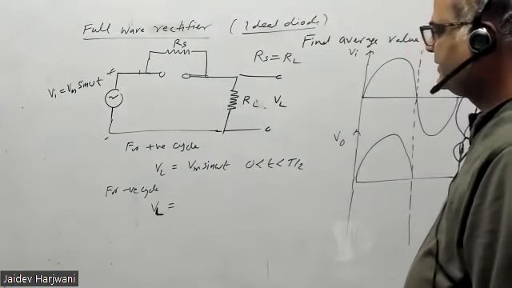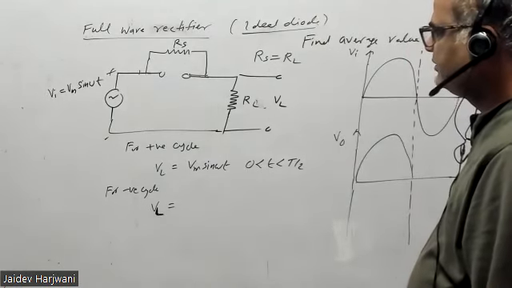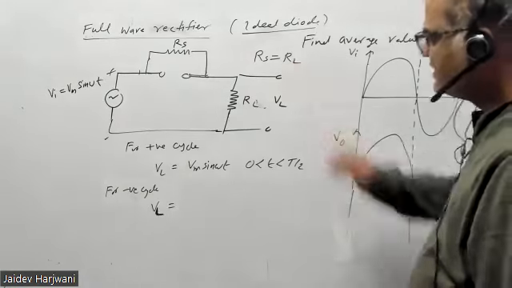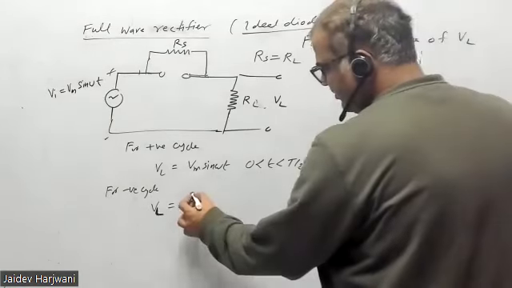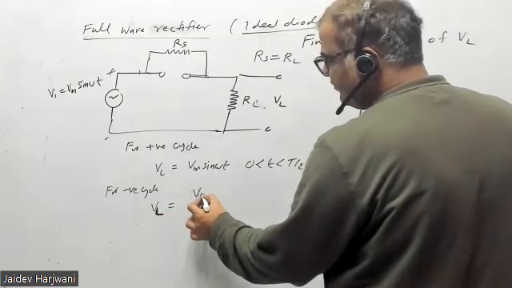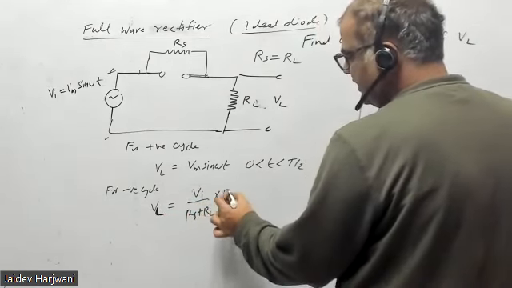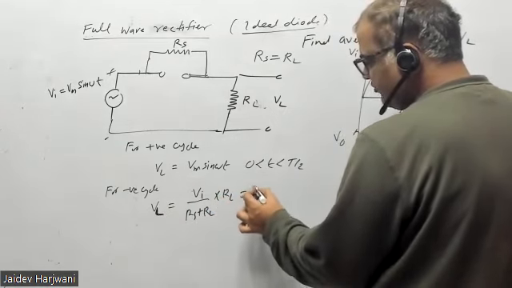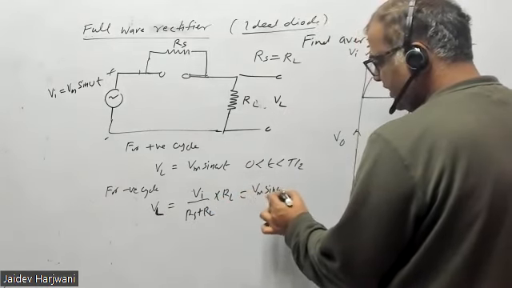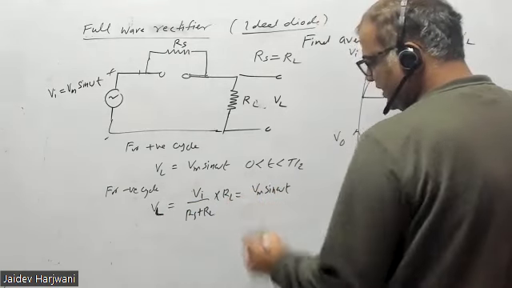RL into Vin divided by RS plus RL, and RS plus RL is the same. So VL will be V input divided by RS plus RL into RL. VI is your Vm sin omega t.